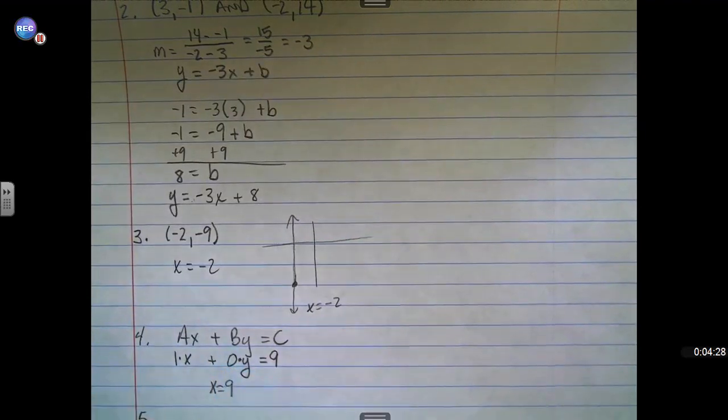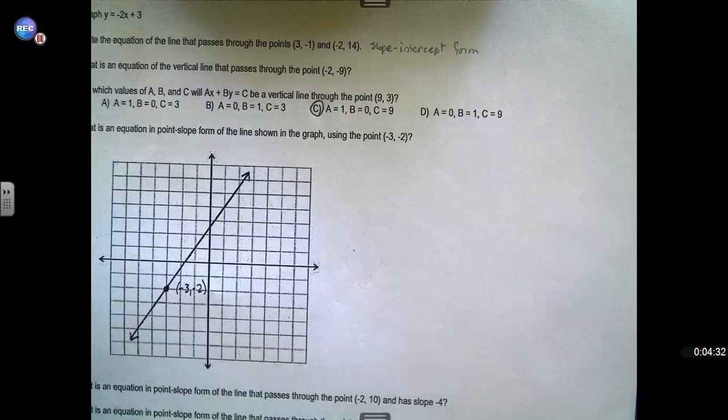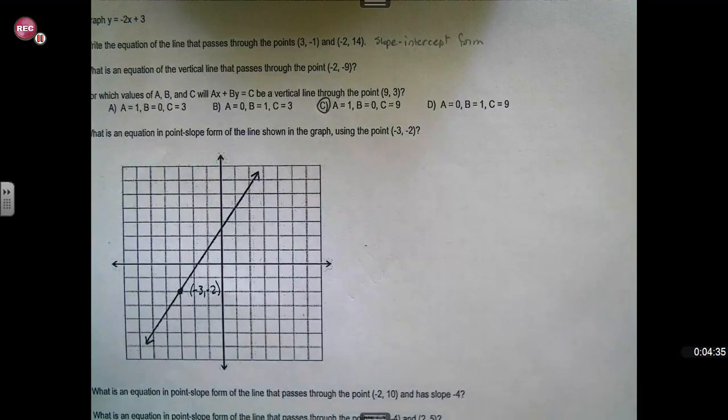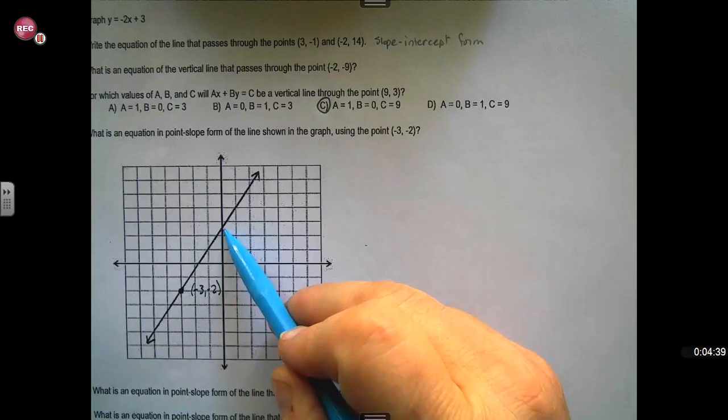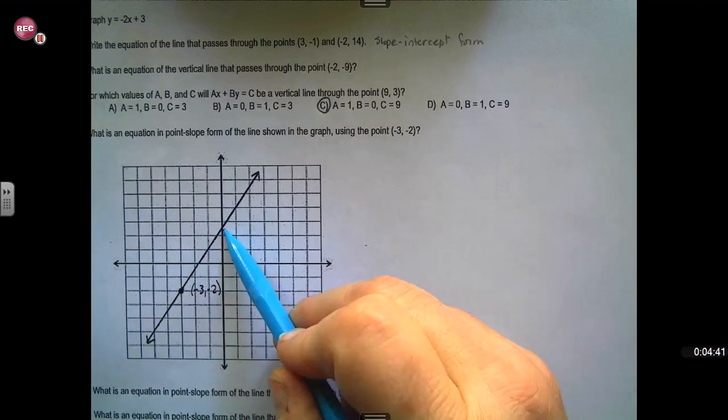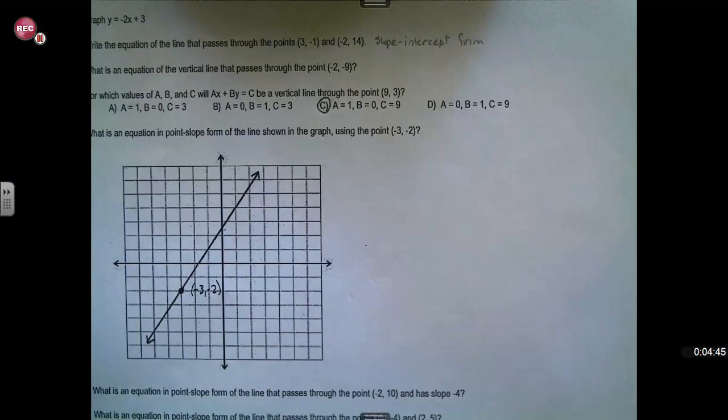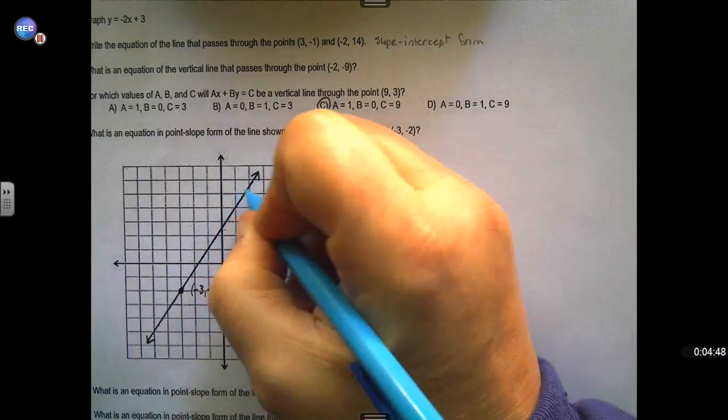Number 5, we are writing the equation of that line. And I'm actually going to switch over to the actual piece of paper here. The line through this point. It'd be nice if we could figure out what that y-intercept is, but it's a fraction and we would be guessing. And so what I did instead was I chose 2 points.